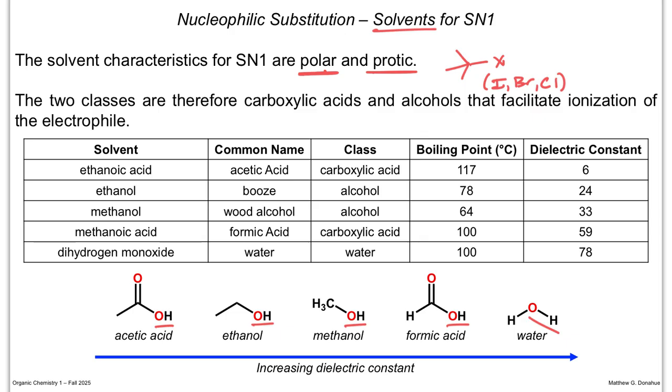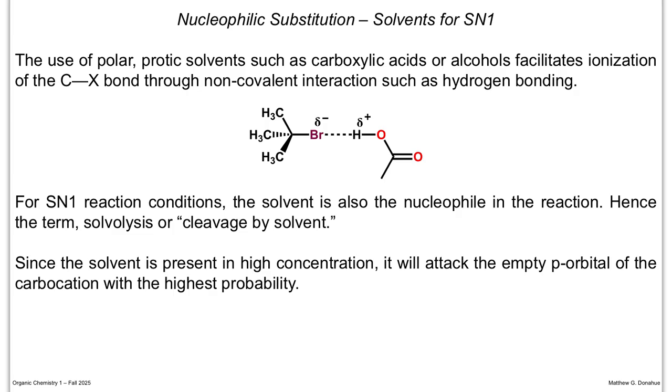Why do we need something that's protic now? So the rate limiting step is the ionization of the carbon leaving group bond.